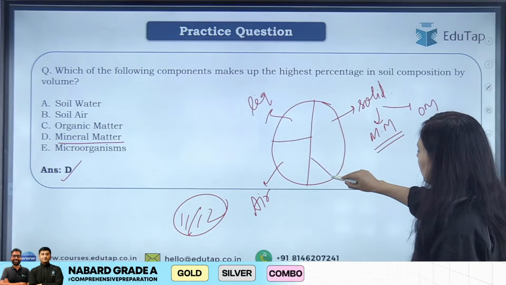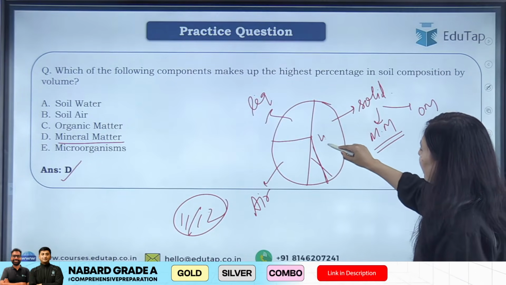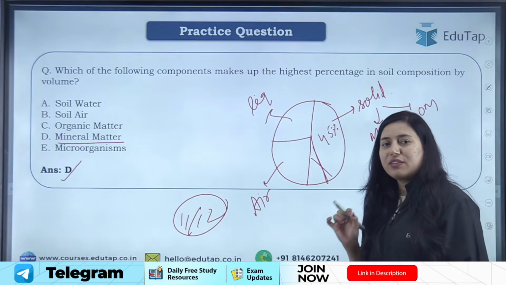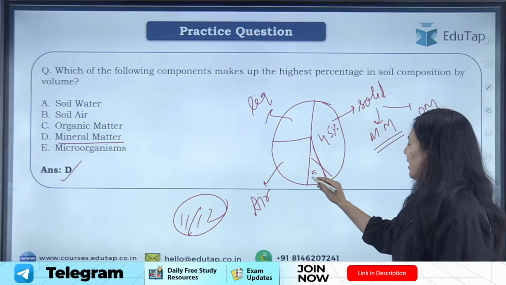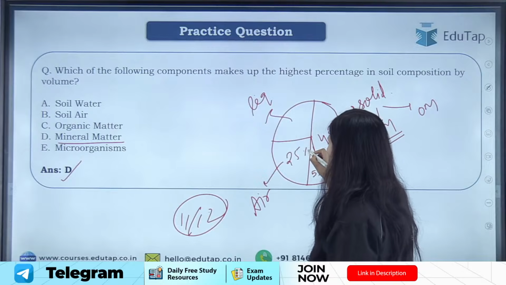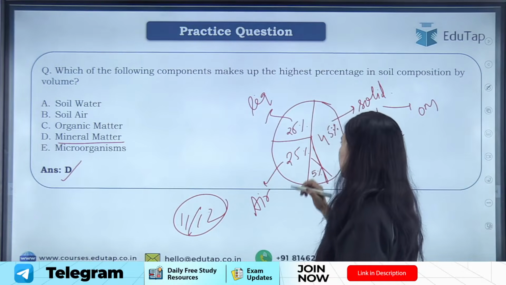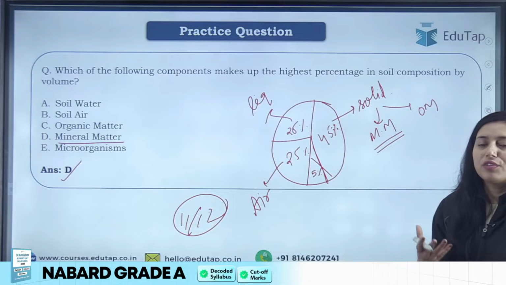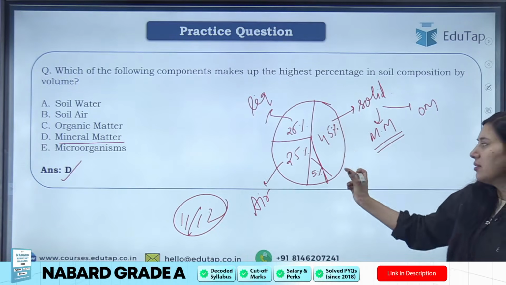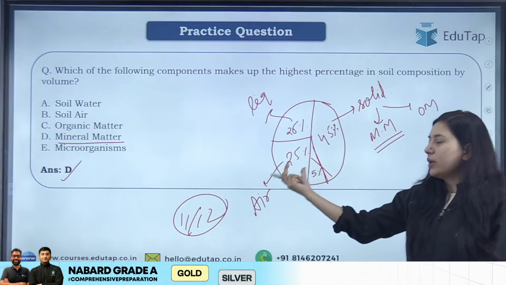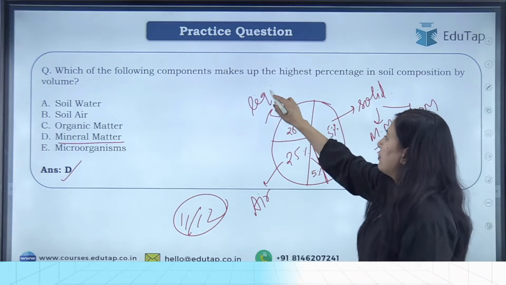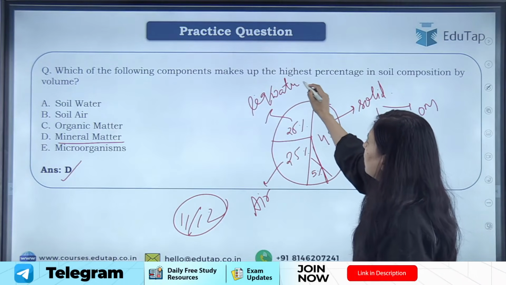Out of the total, soil has 45% mineral matter, 5% organic matter, 25% air and 25% water. This is the composition by volume of the different components of soil. Clear? You need to learn all these.